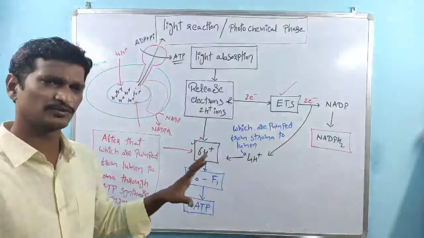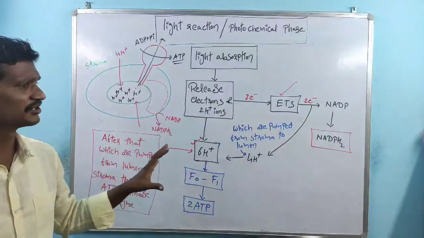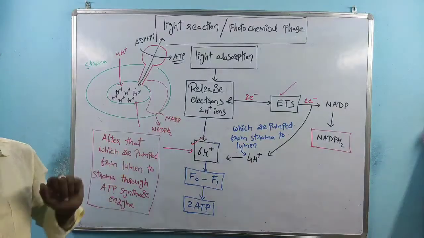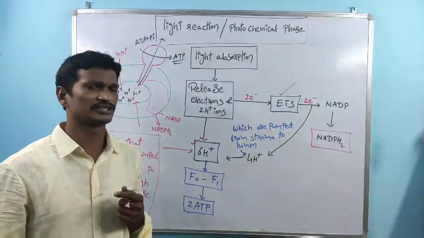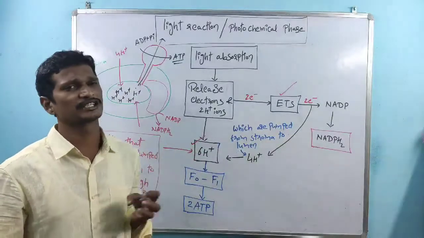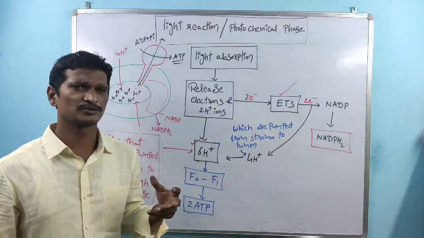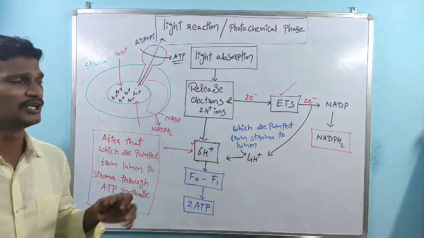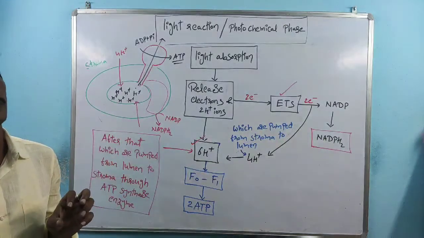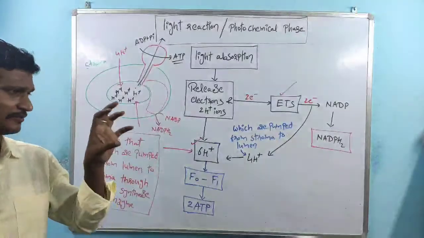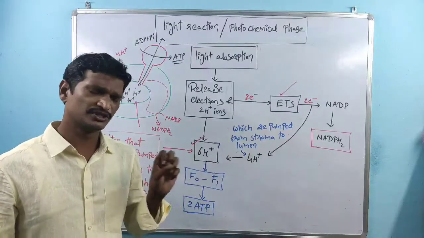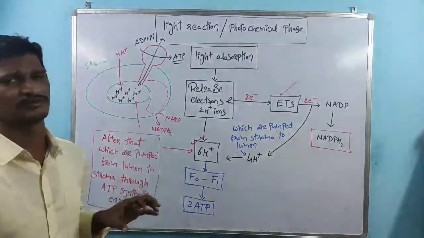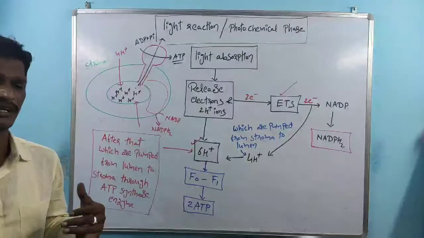This is just a peripheral explanation for ATP synthesis, NADPH2 synthesis and evolution of oxygen. For the detailed explanation of how the electrons are transported, where the H plus ions are pumped, and at which point NADPH2 synthesis takes place, we'll discuss in the next class.